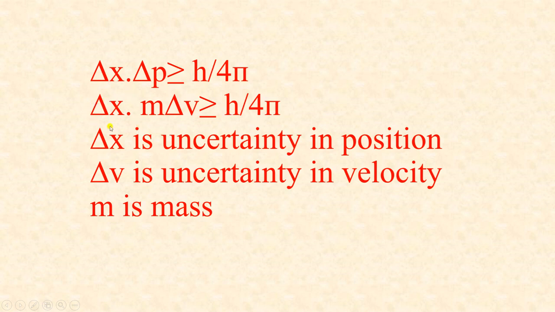If delta x is of high accuracy, then delta V will become less accurate. And if delta V is of high accuracy, then delta x will become less accurate. That means it is impossible to find out exact position as well as exact velocity of an electron simultaneously.